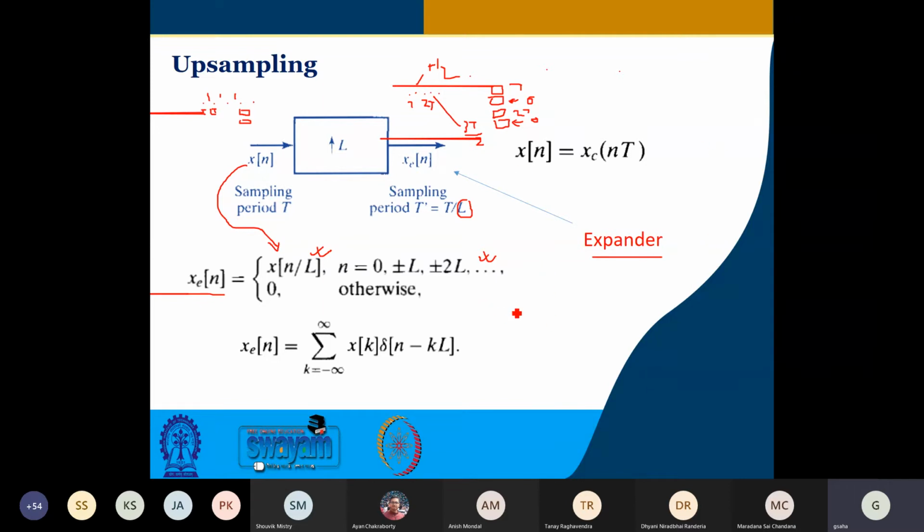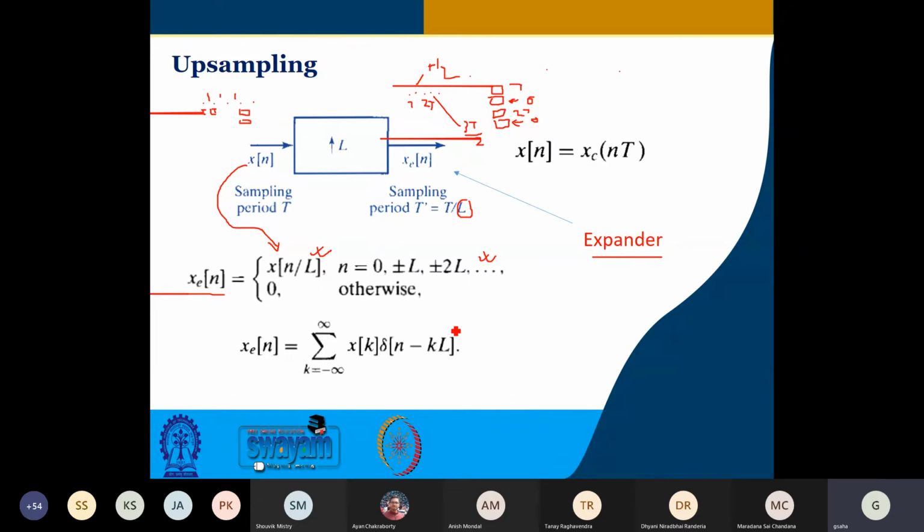visiting this concept or idea helps us when L is an integer value. L is an integer value. So we can write x_e[n] in that case as the sum of x[k] delta[n - kL], where k varies from minus infinity to plus infinity.